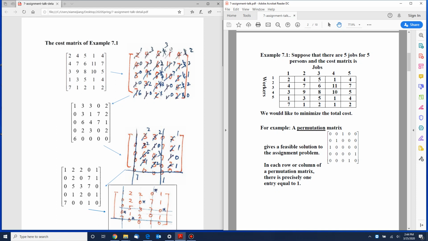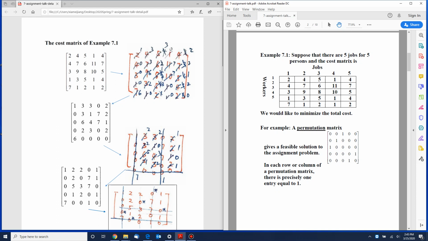You could see that in the first row we have 1 in the third column, so in the third column the rest should be 0. In the second row the entry is 1 in the second column, and the rest should be 0. Above or below a 1, all zeros.